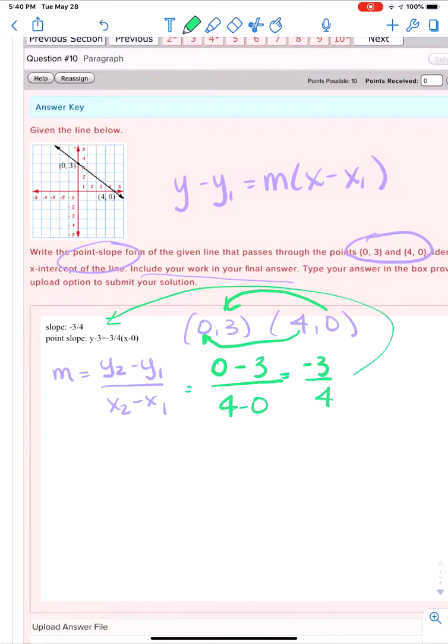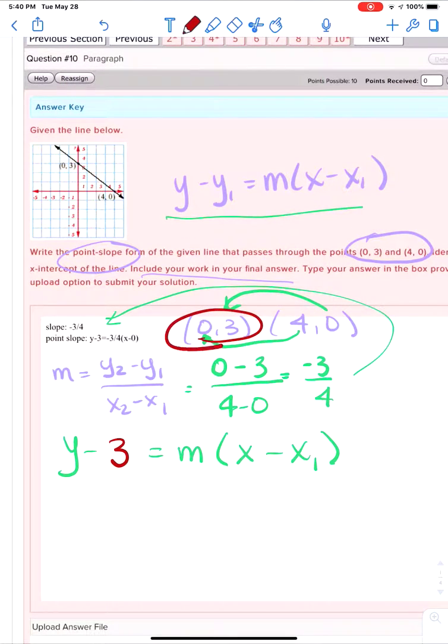The other piece to this is that when you're plugging it in, there are some pieces that you're forgetting. So on this one, when I start with this form here, and I'm going to plug it in, if I take the point (0, 3), I'm not disagreeing that y is 3. So let me change color just so you can see this.